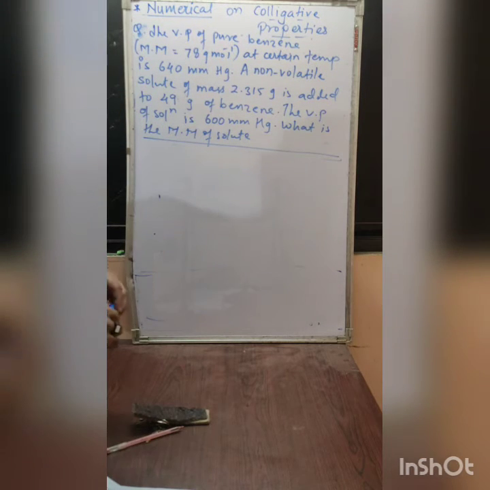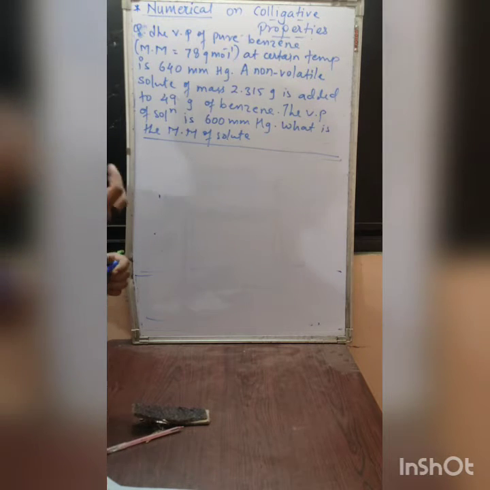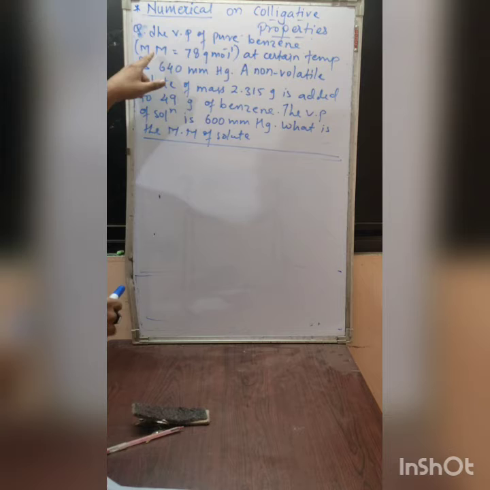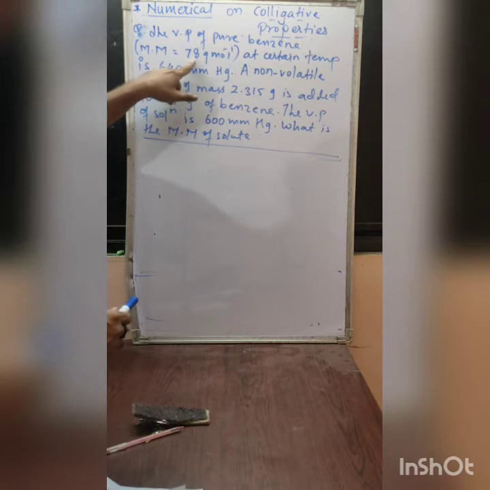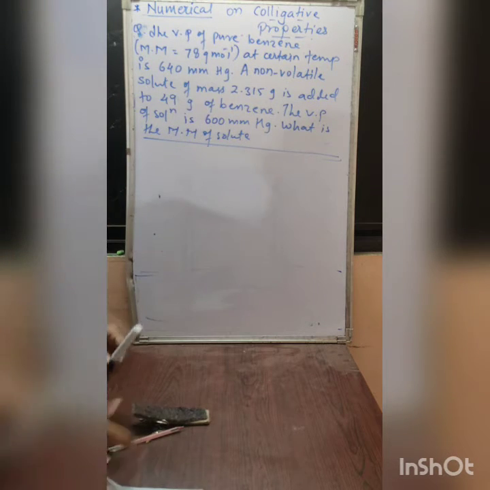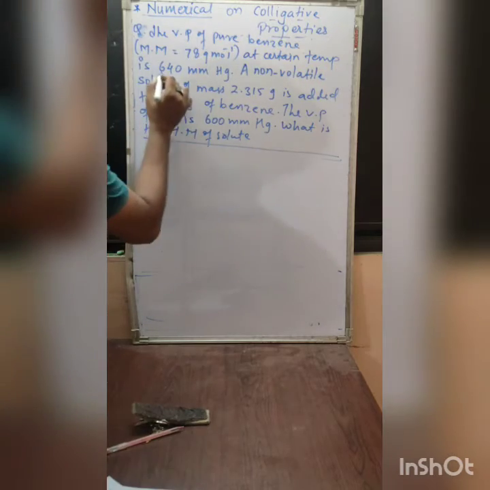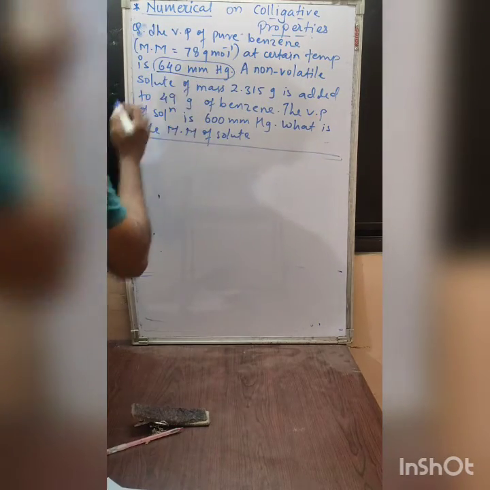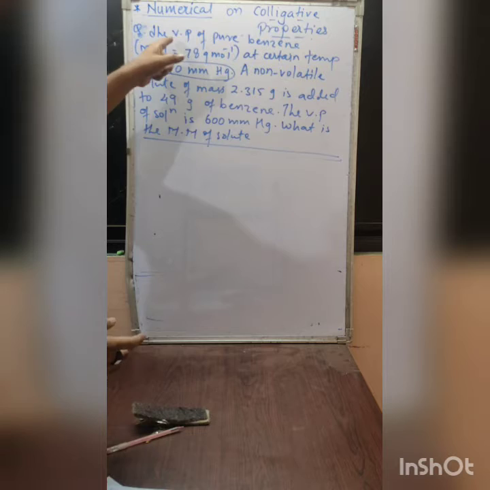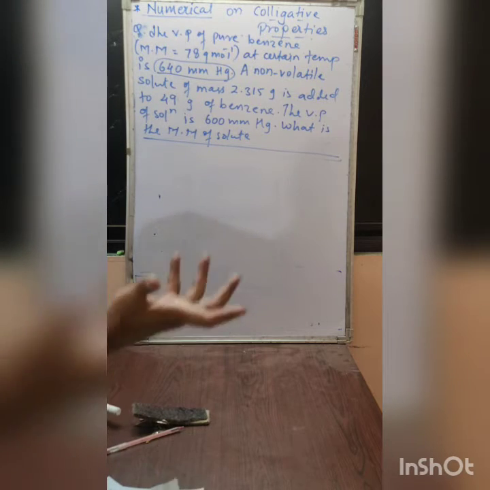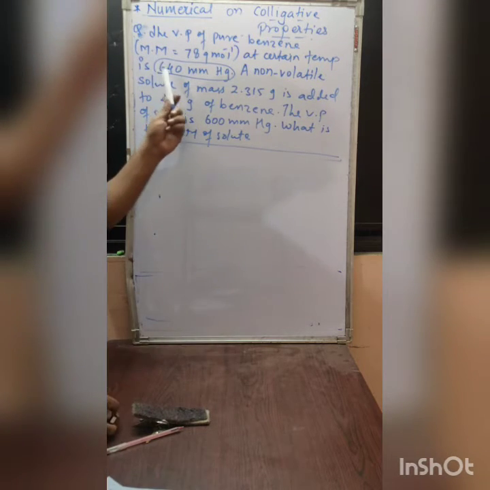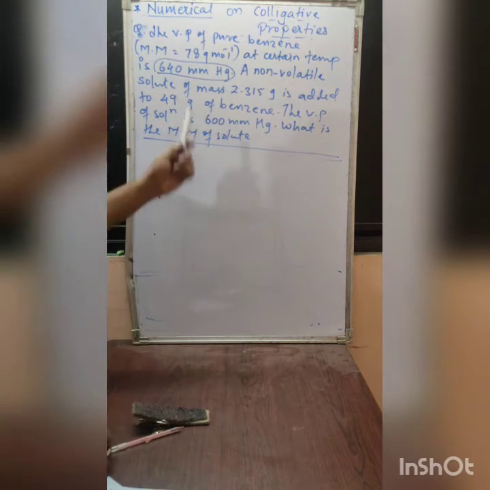The question is: the vapor pressure of pure benzene, having molar mass 78 gram per mole, at a certain temperature is 640 mmHg. The vapor pressure of pure benzene means pure solvent. So here the vapor pressure of the solvent is given.